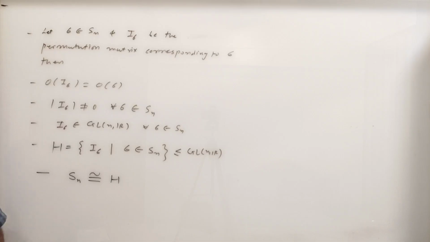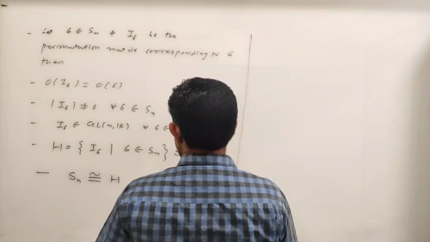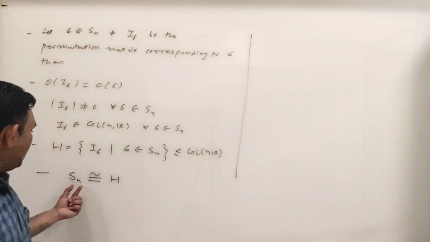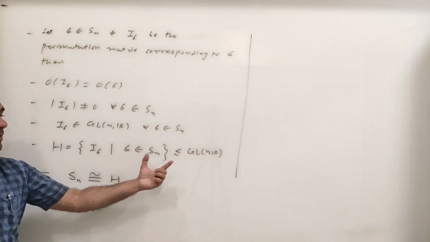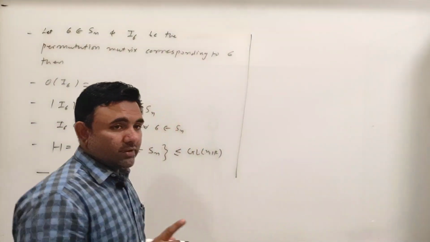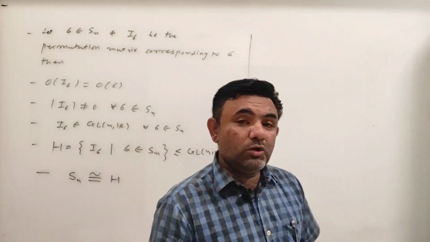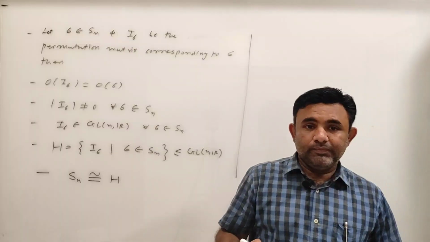So let me state finally the result, and let me add one more thing here. What did we prove here? For every n, Sn is isomorphic to some subgroup of GLNR, and Cayley's theorem says every group is isomorphic to a group of permutations.